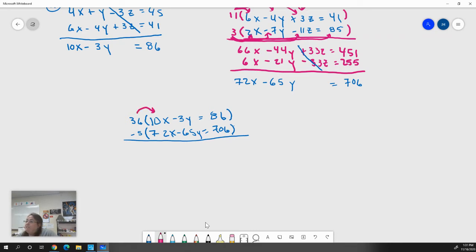So I'm going to go 36 times 10x gives me 360x. 36 times -3y gives me negative 108y.